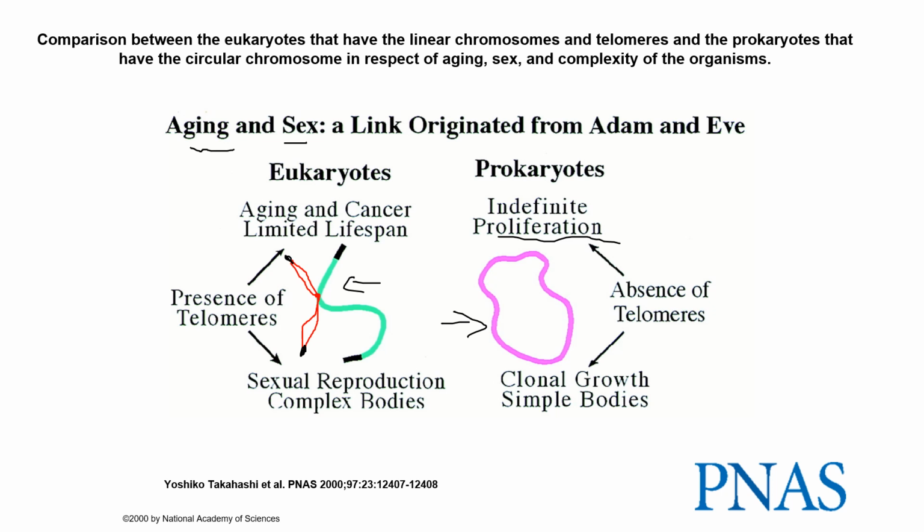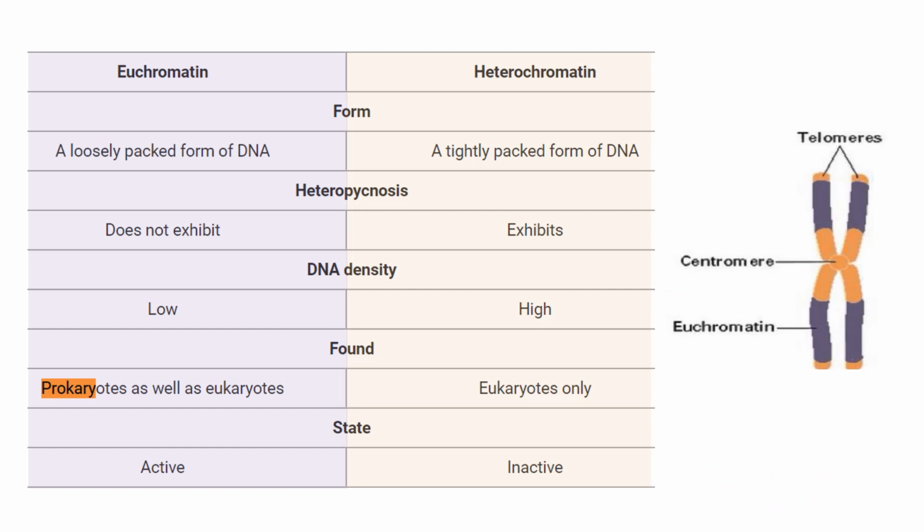Okay, so now let's summarize the idea of heterochromatin and euchromatin. Here I have a table that summarizes all the information. For example, euchromatin is found in prokaryotes and eukaryotes, but heterochromatin is only found in eukaryotes.